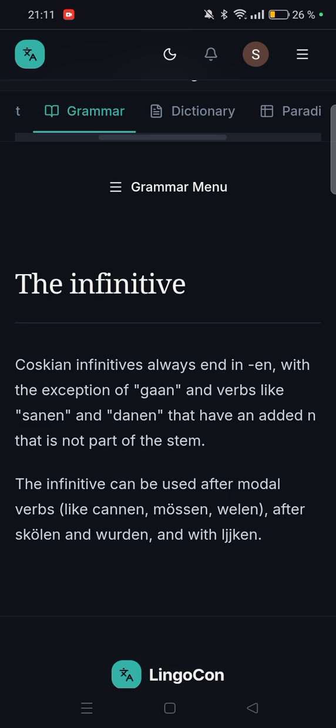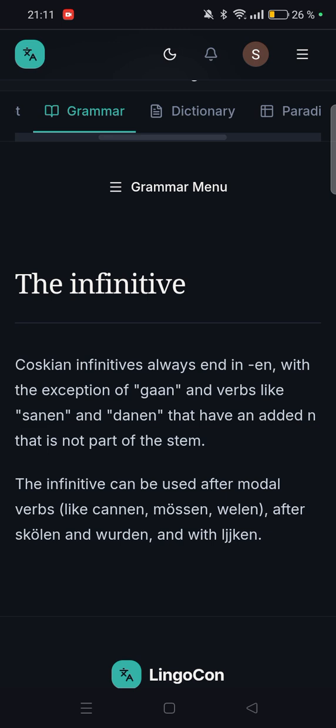So yeah, Koskian infinitives always end in n. The notable exception is gan. And we have two verbs, danen and sanen, which end in n, but the first n is not part of the stem technically.